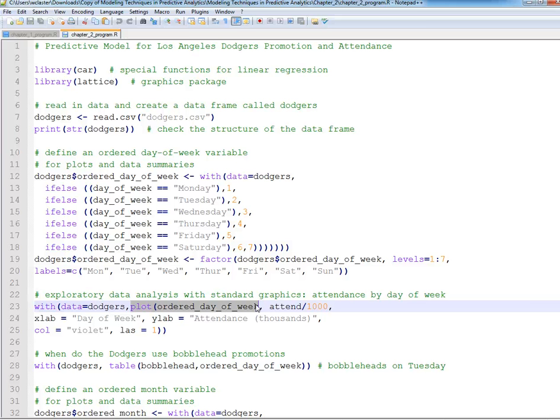So if we put in a factor here, which is what we're doing, it actually calls a function called plot.factor. So if you want to know what it's going to do, you have to look up this function to find out what it's going to do. So you can look up plot, and then in the documentation it'll say something about factors, and you click on that, and then it'll bring you to this plot.factor, and then you can read what it's going to do. Okay? But that's the way it works.